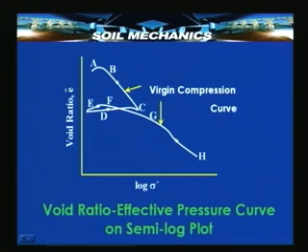Void ratio is plotted to natural scale, whereas the stress change is plotted to log scale. So, you will find now there is a small difference between the previous curve and this curve. Here, the virgin compression curve is almost linear.